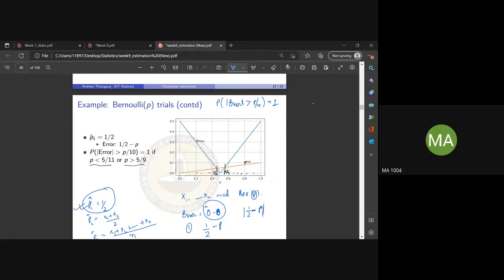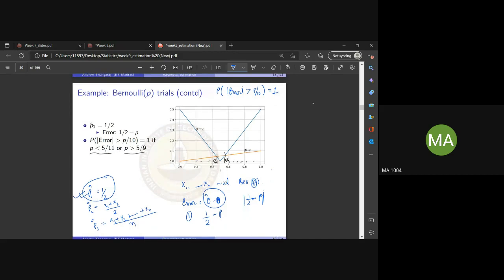Now if you want to plot the graph of this, you will see this blue line over here and this blue line over here is the graph for mod of 1 by 2 minus P, right? And this point is 0.5. And this orange plotting here is for P by 10.